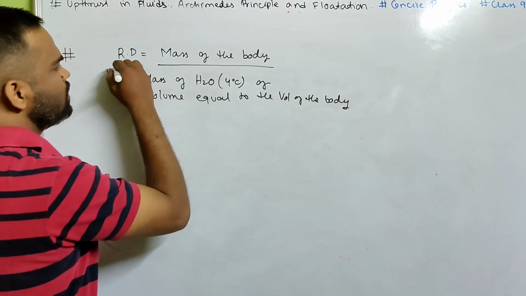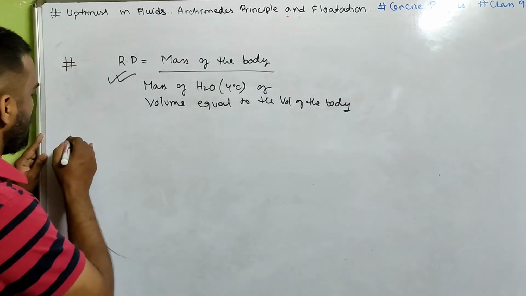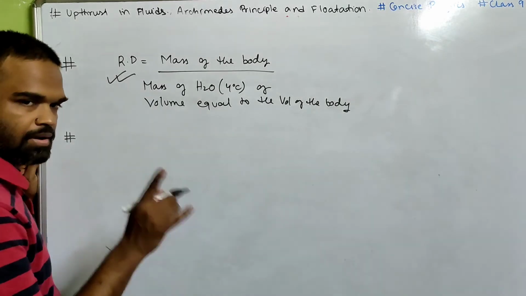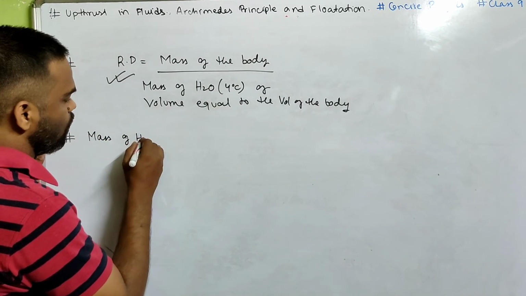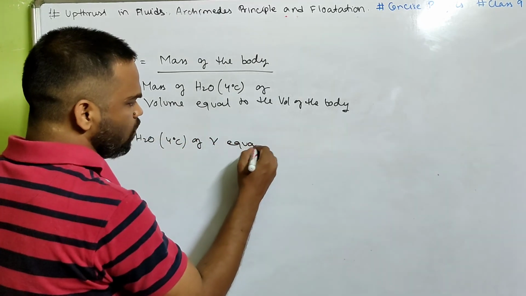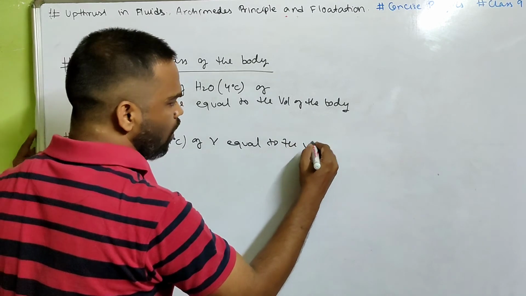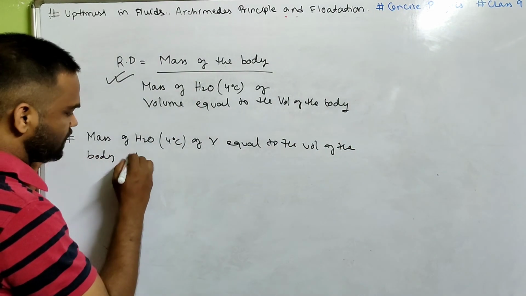This is how you define the relative density of a body. Now using Archimedes principle, I can say that the mass of water at 4 degrees centigrade of volume equal to the volume of the body is obtained.